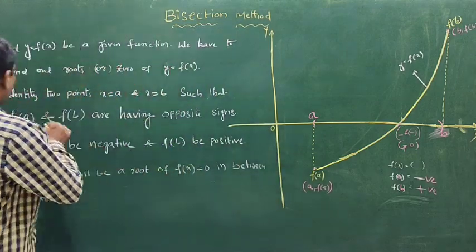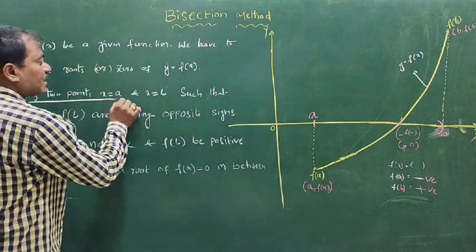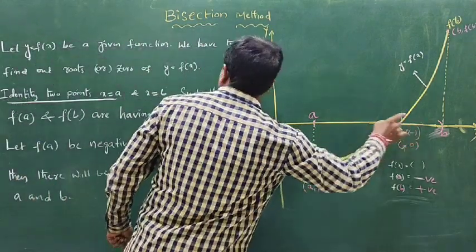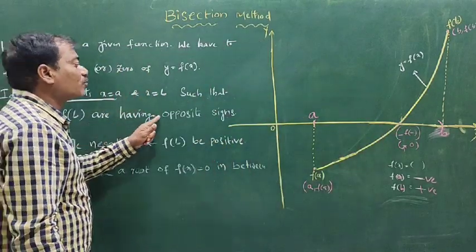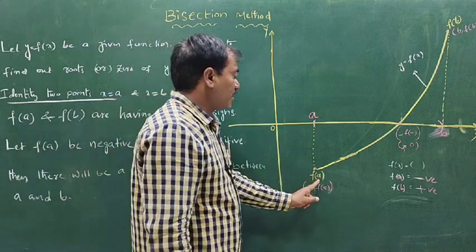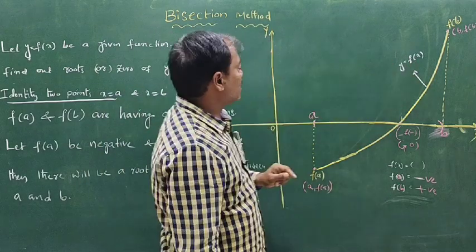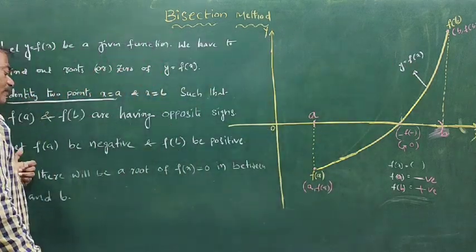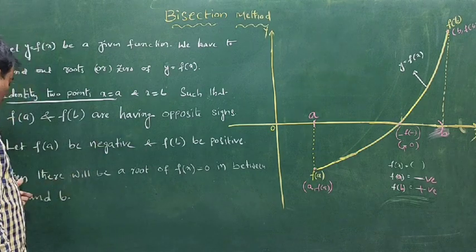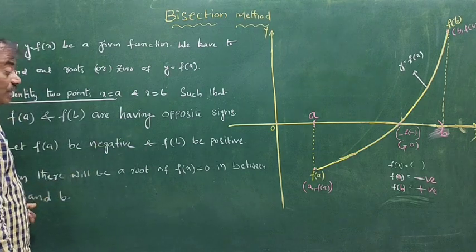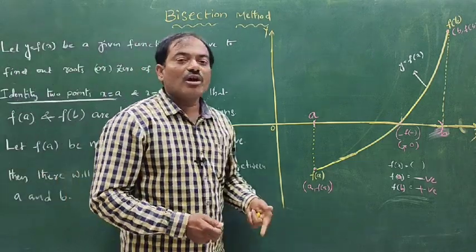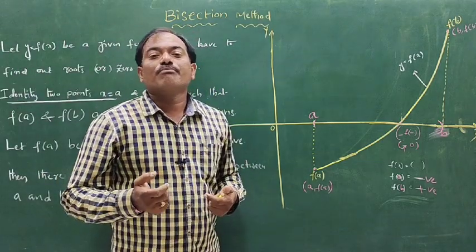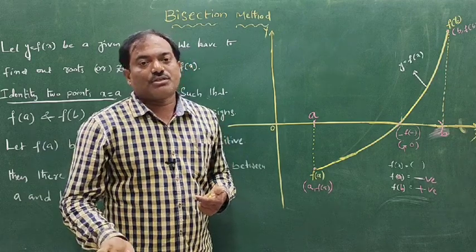So here we identify the 2 points x equal to a and x equal to b such that f of a and f of b have opposite signs. Yes, f of a is negative and f of b is positive. Let f of a be negative and f of b positive, then there will be a root of f of x equal to 0 in between a and b. We have to find that root by approximations.